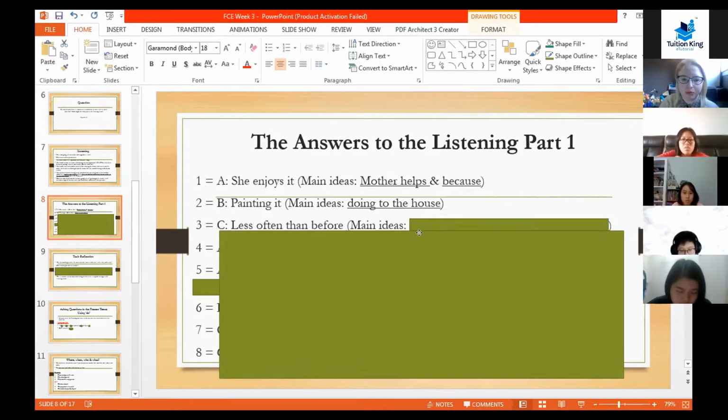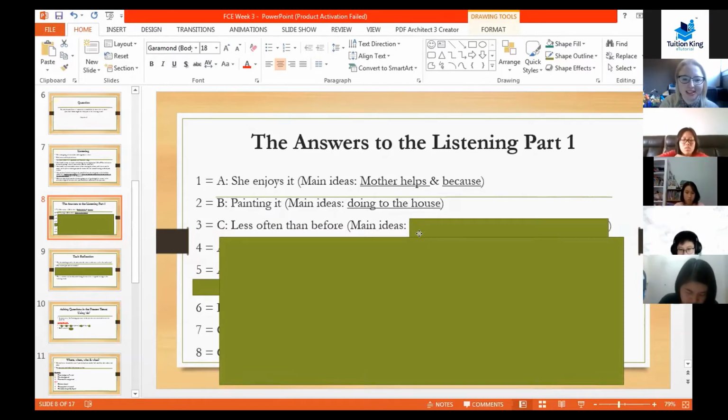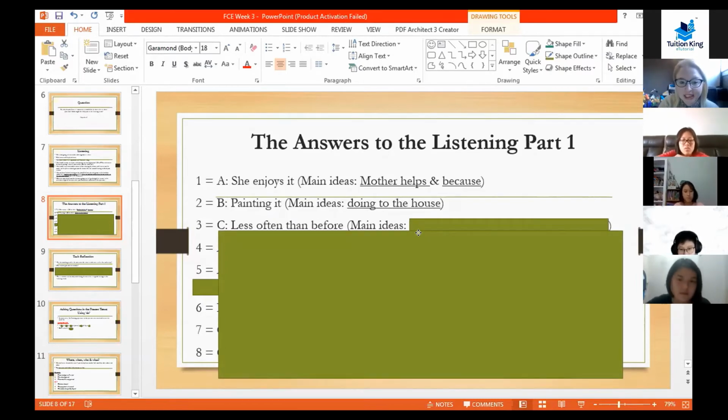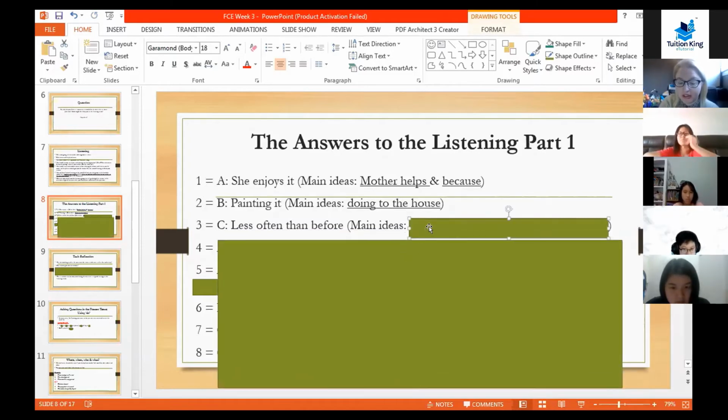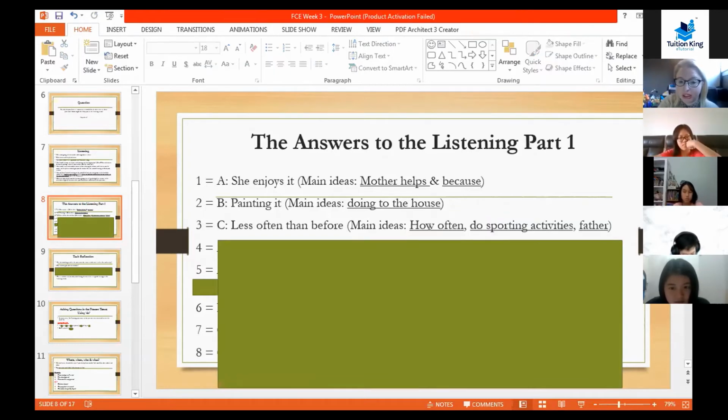Easier if I just move the square, then you don't see the answers in advance. So C is the answer to number 3, less often than before. And our key main ideas that you should have underlined, or these are suggestions, are how often, sporting activities, and father.